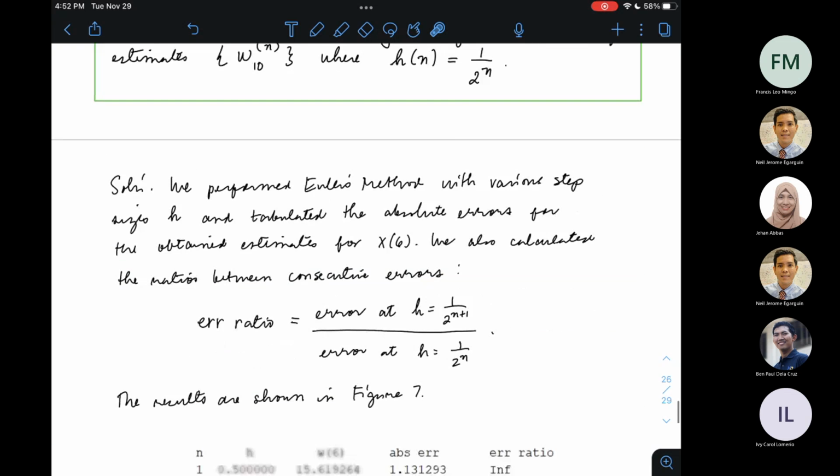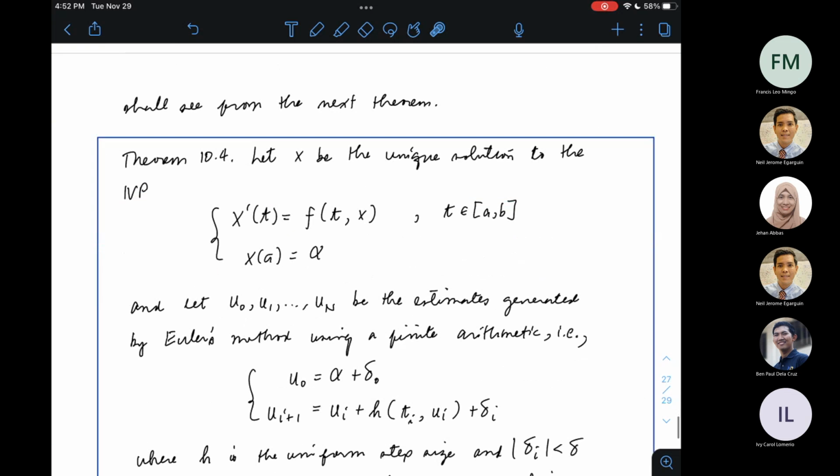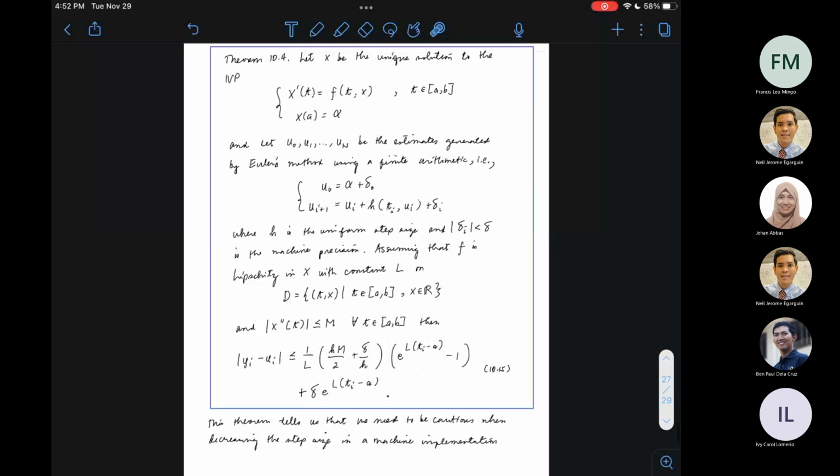So, I'll go now to the theorem. Theorem 10.4. Okay.